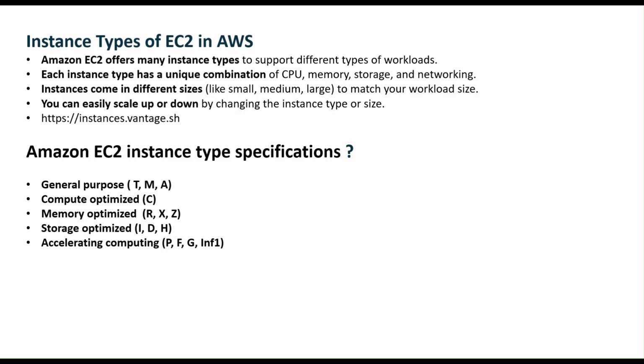Each EC2 instance type has a unique combination of CPU, memory, storage, and networking. Instances come in different sizes like small, medium, large to match your workload size. You can easily scale up or scale down by changing the instance type or size.